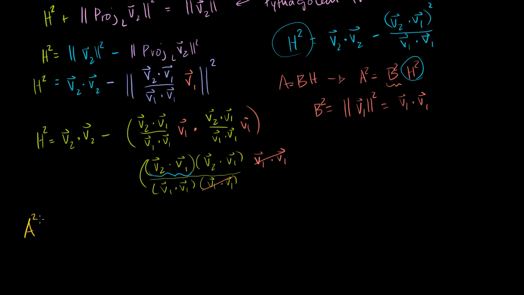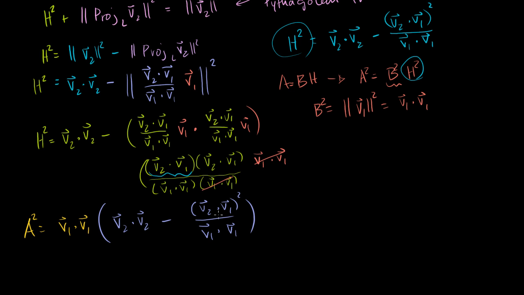Our area squared is going to be equal to our base squared, which is v1 dot v1, times our height squared, times, let me write it like this, times this guy over here, v2 dot v2 minus v2 dot v1 squared over v1 dot v1. Now, what does this simplify to?